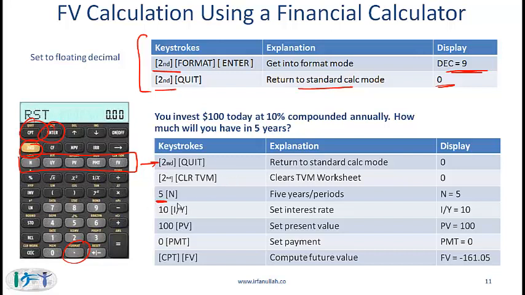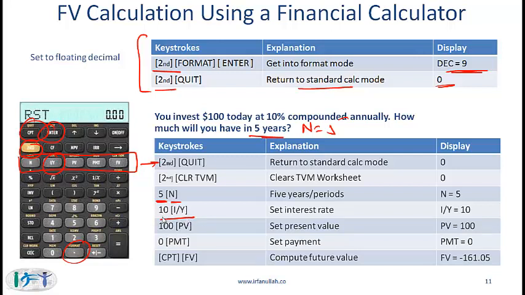Then you hit 5 N. N stands for the number of periods. In our particular case, we have 5 years, which means that n is equal to 5. 5 N, and the display then will be N equals 5. Then you say 10 I/Y. So this is saying that the interest rate per period is 10%.